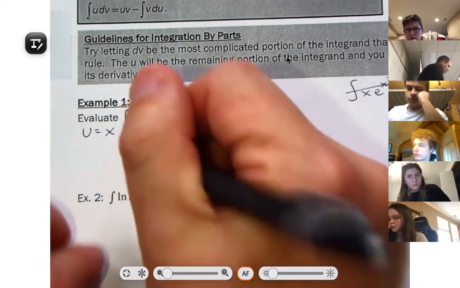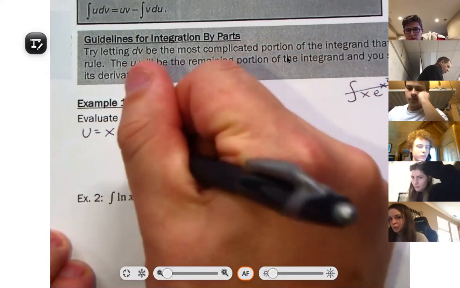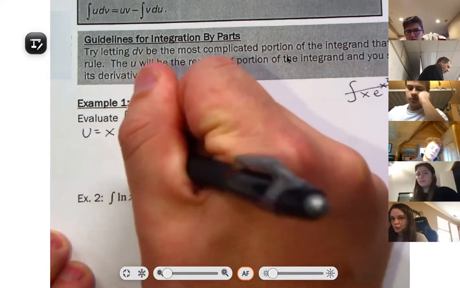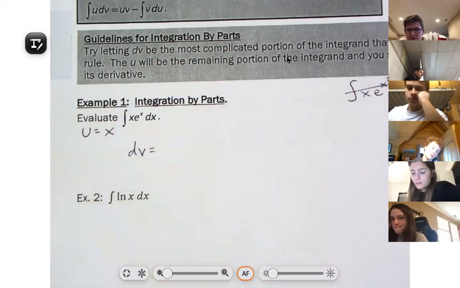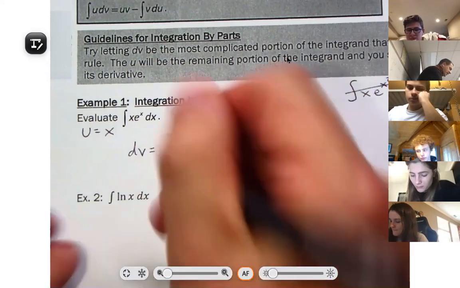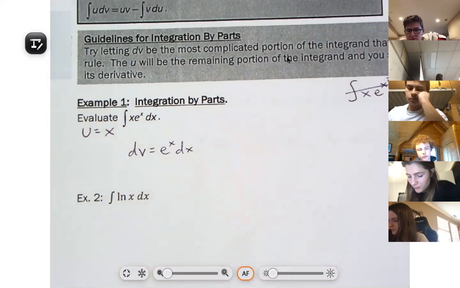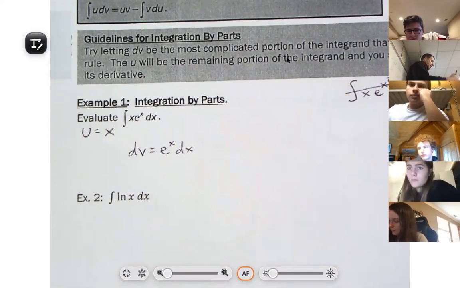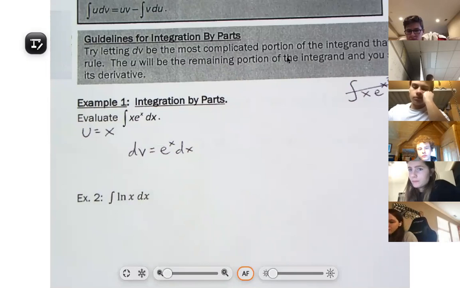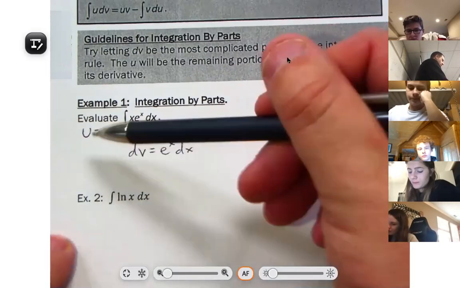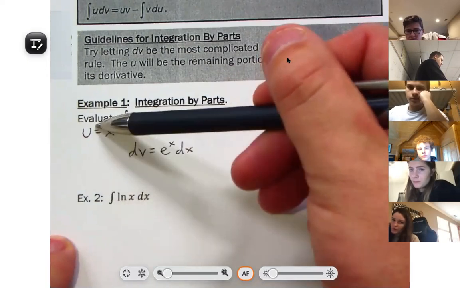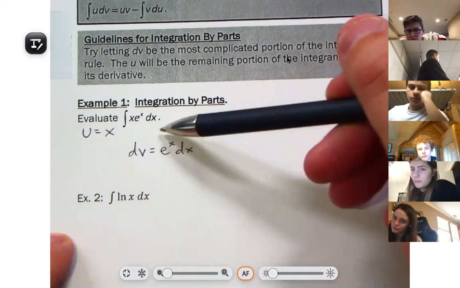Now here's how I write this. You guys can do this your own way. I'll show you why I write it this way. So I define u, and now dv is the rest. So dv is e to the x dx. In the formula, you'll notice there's a u and a v and a v and a du. And I don't have pretty much any of that stuff right here, except for u. I know what u is. So what we do is this. To find du, we differentiate the left side, and we integrate the right side.